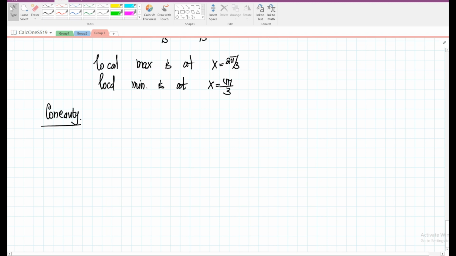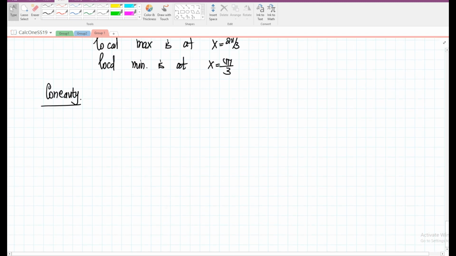No, so I will show it to you. We call the function concave upwards if it looks like this, okay? We call this concave up.